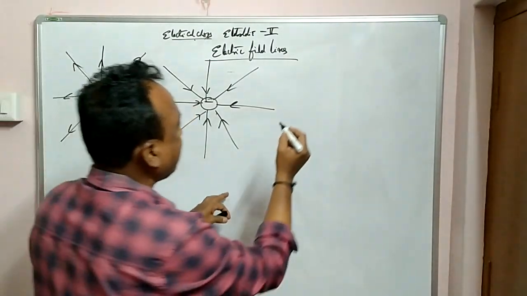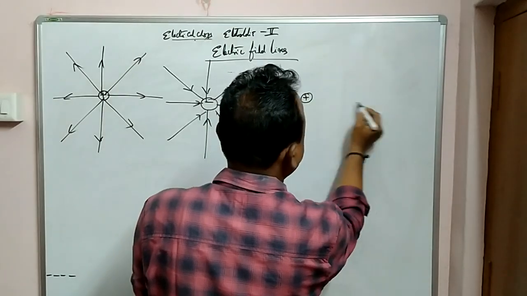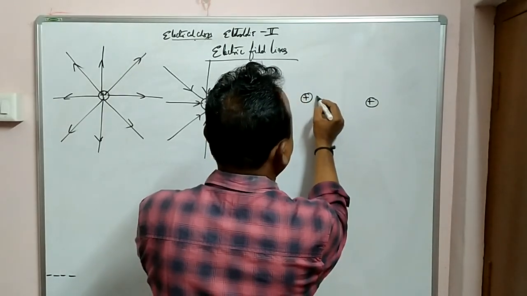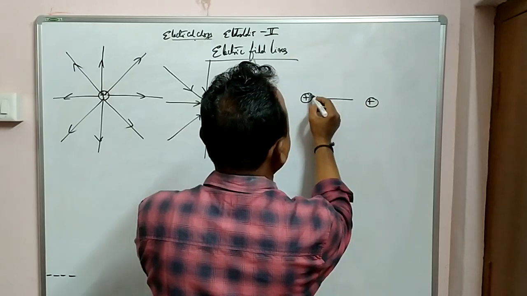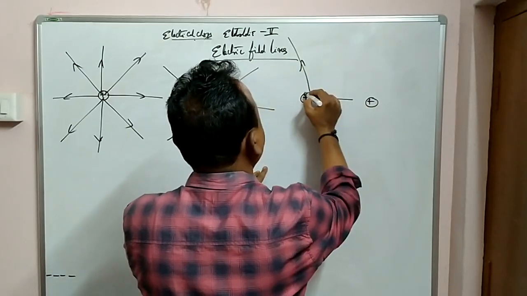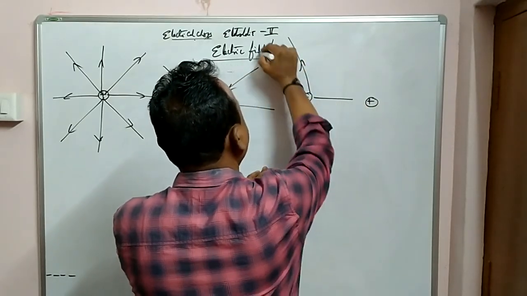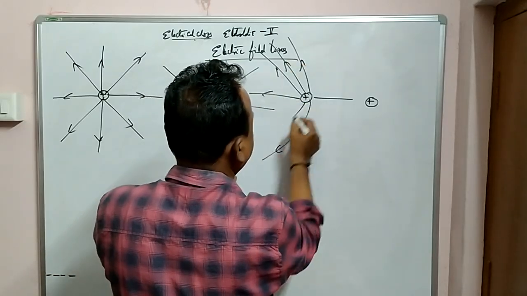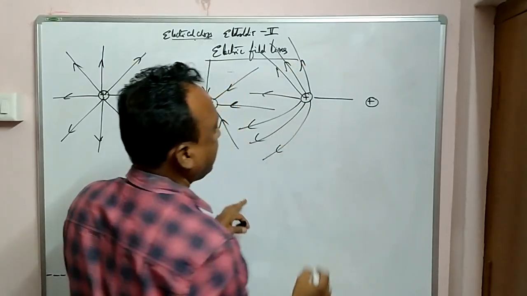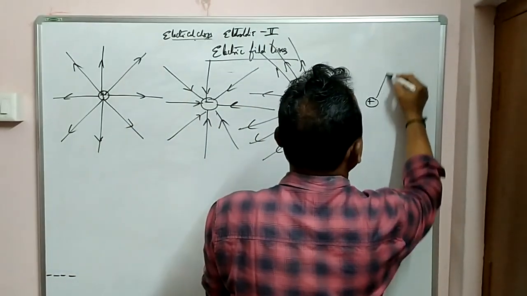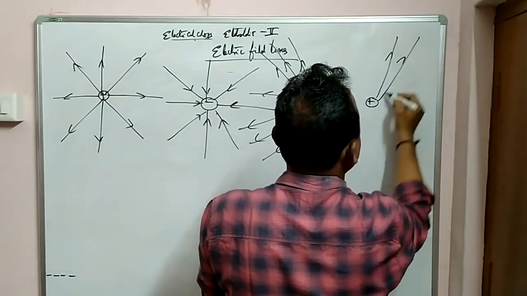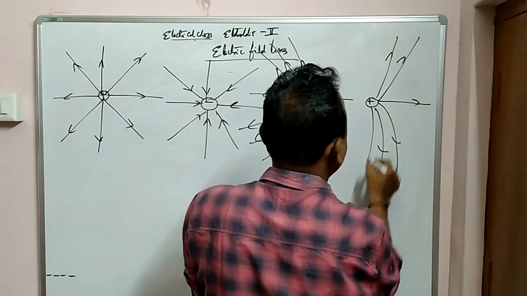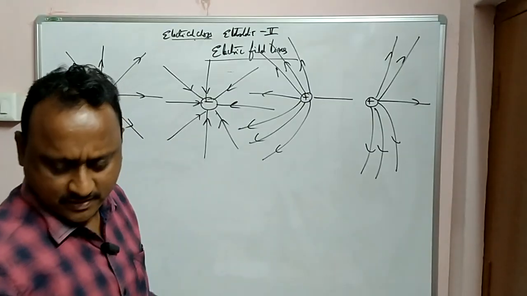Now, in the same way, if you take two positive charges, what happens? The field lines go away from the positive charges. So these are the field lines for the positive charges.